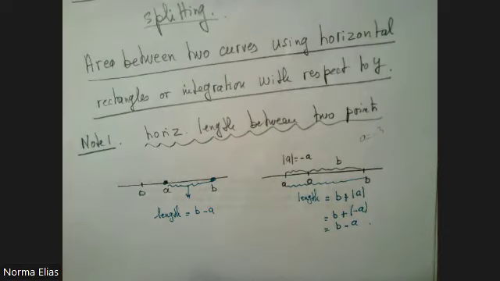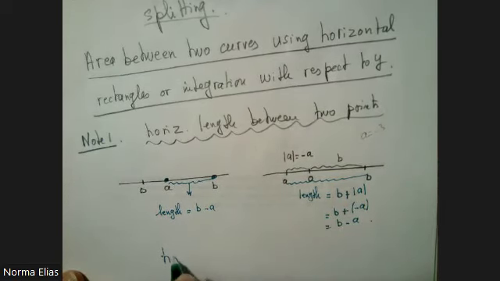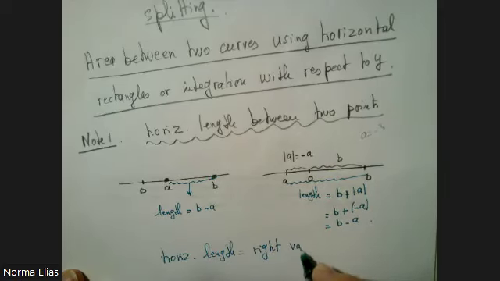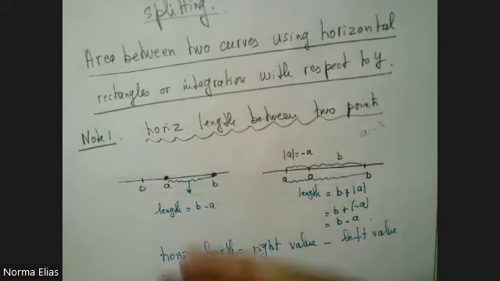So the horizontal length is always the right value minus the left value, regardless of the scenario. For vertical it's the upper minus the lower.